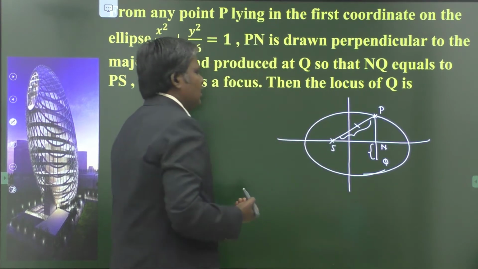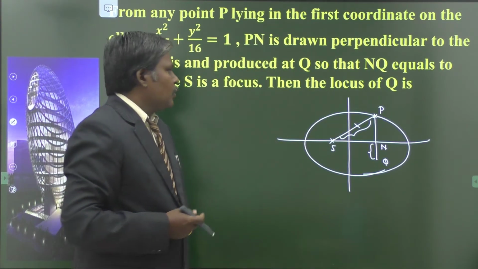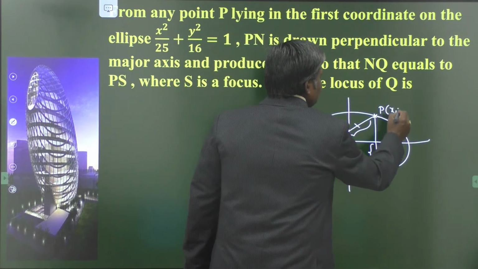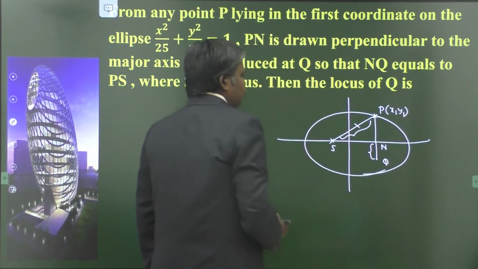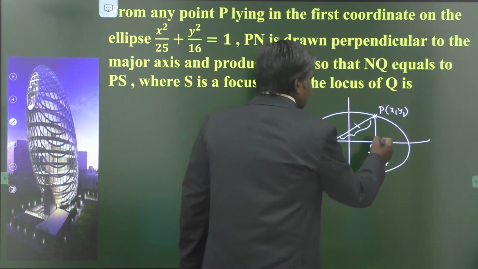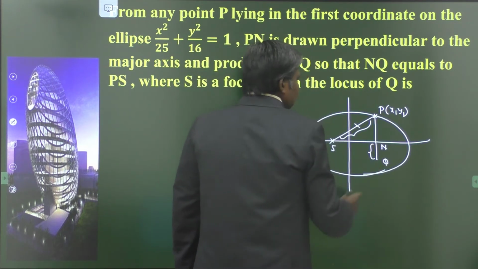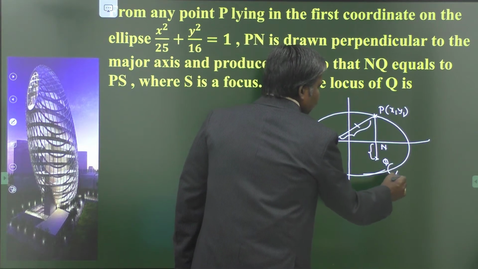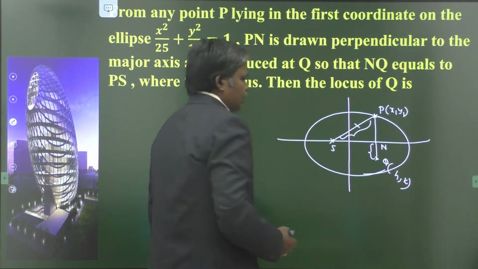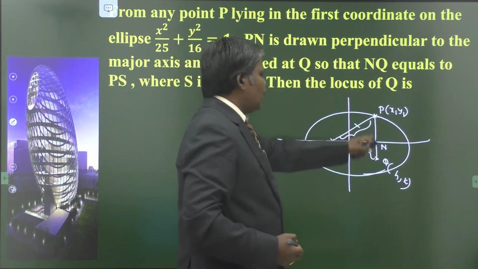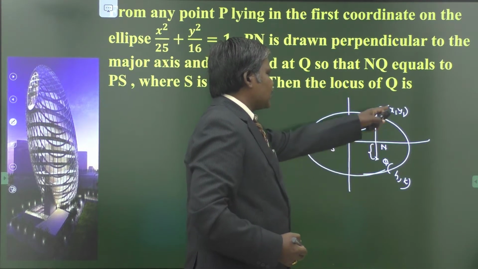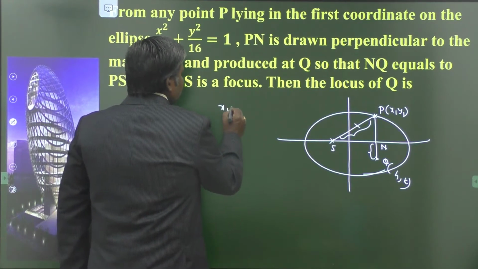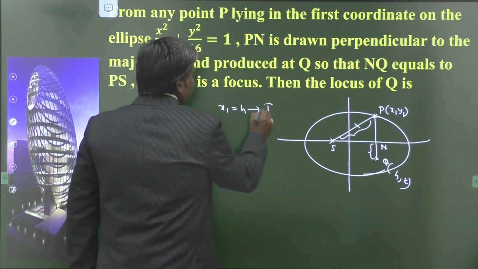S is your focus. So it is very simple for you. Suppose the coordinates of P are x1, y1, and this is the point on the locus, Q. Suppose the point Q is h, k. Because this is an ordinate, the x coordinates are the same, therefore x1 is equal to h. This is your first condition.